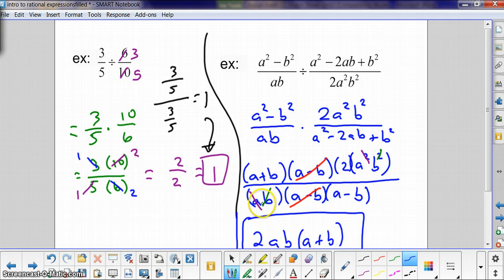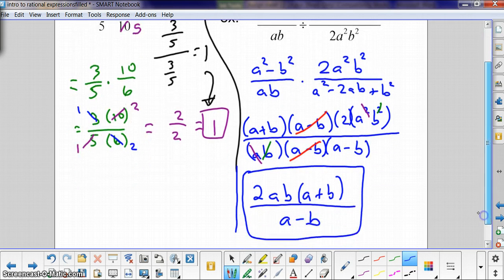I kept the ab as ab, and I factored this as a perfect square, a minus b times a minus b. And then you can see I reduced the a minus b with the a minus b. I reduced this a with one of the a's over here, and this b with one of the b's over there, and that left me on top with a 2, an ab, and an a plus b, and on the bottom with only an a minus b.